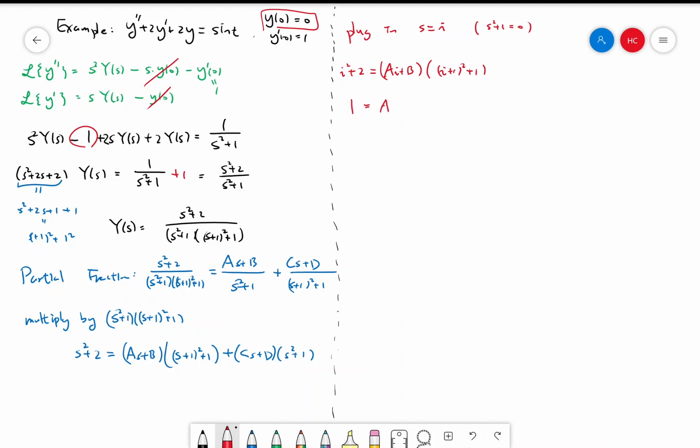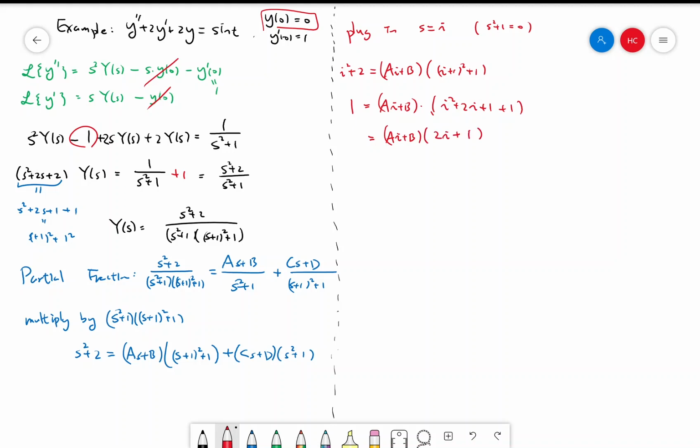And it's equal to ai plus b times, let's expand this. So this is i squared plus 2i plus 1 plus 1. i squared is negative 1. So that's 2i plus 1.